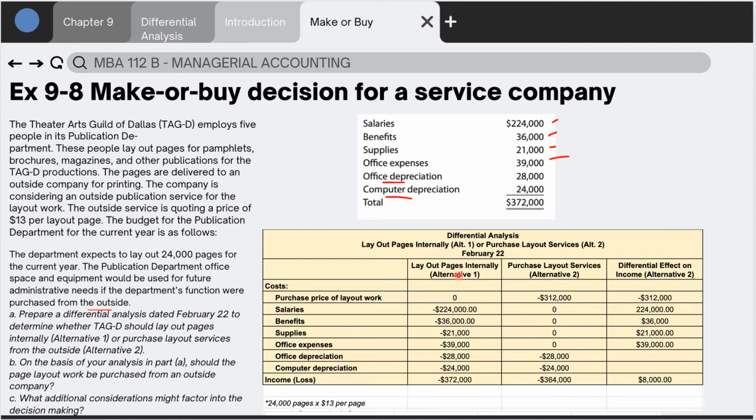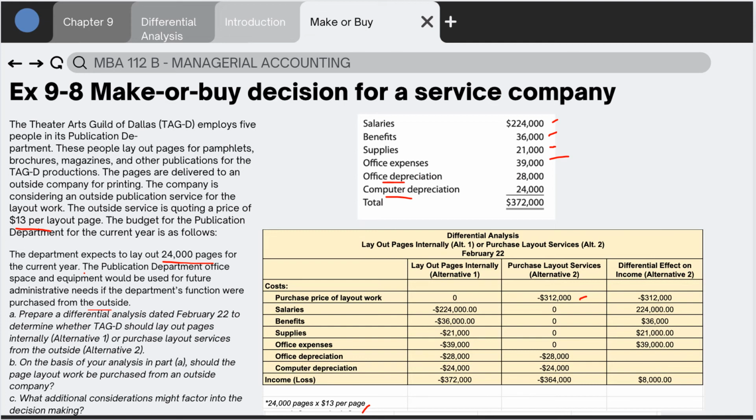Now, if they would consider the outside publication service for the layout work, the purchase price of layout work is $13 per layout page times 24,000 pages. That's calculated here and is equal to $312,000.